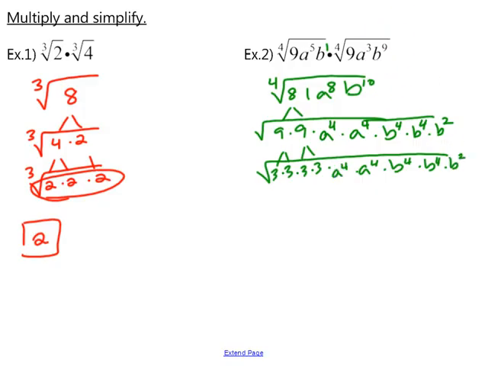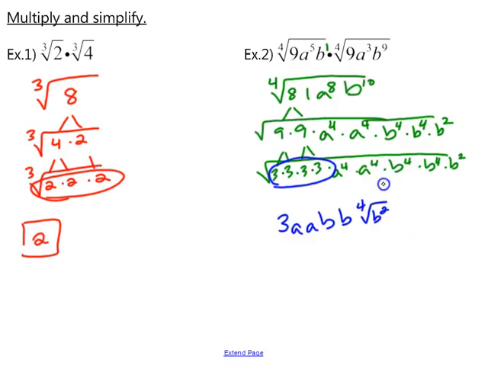And then we can go ahead and group. In 4's, we have a group of 4 3's, and then we have one a to the 4th, another a to the 4th, a b to the 4th, another b to the 4th, and then we have a b squared that's going to be left inside with an index of 4.